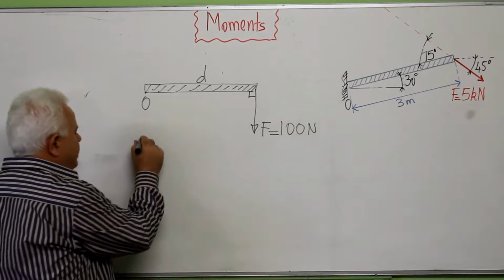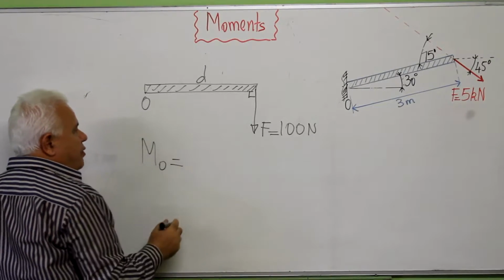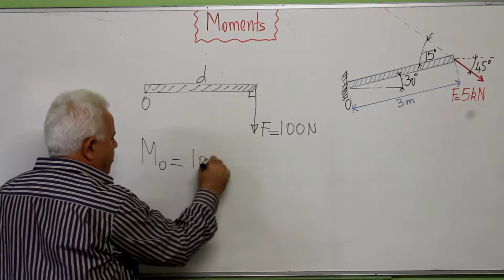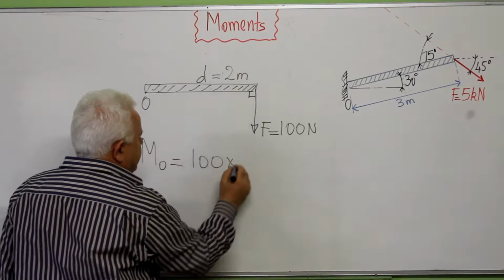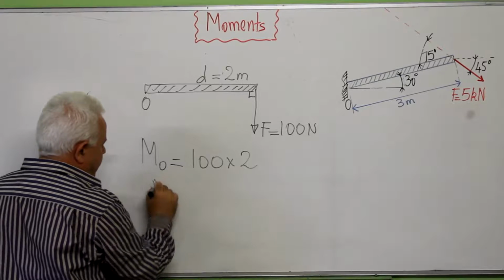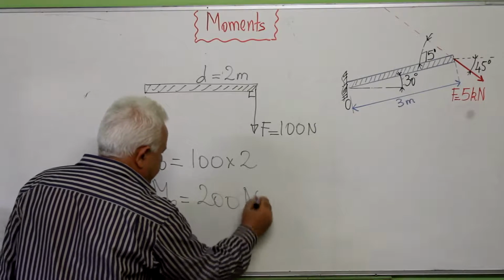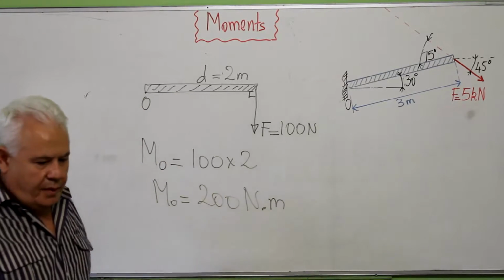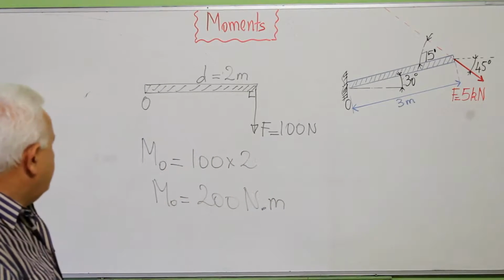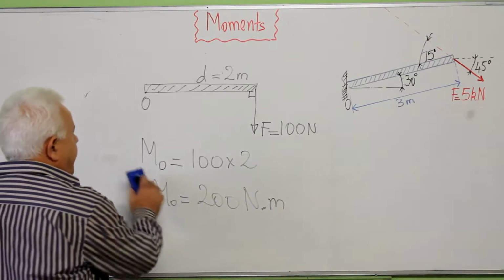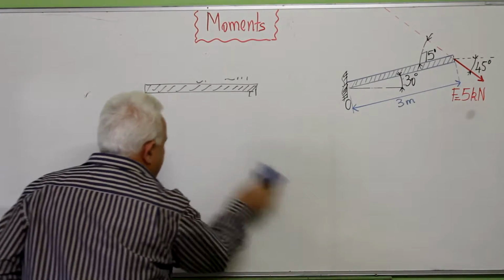If I am asked to calculate the moment about O of this force F, simply what I have to do is take 100 times the distance. Suppose the distance is 2 meters, so 100 times 2. Finally, M_O is 200 newton meters. Simple, isn't it?